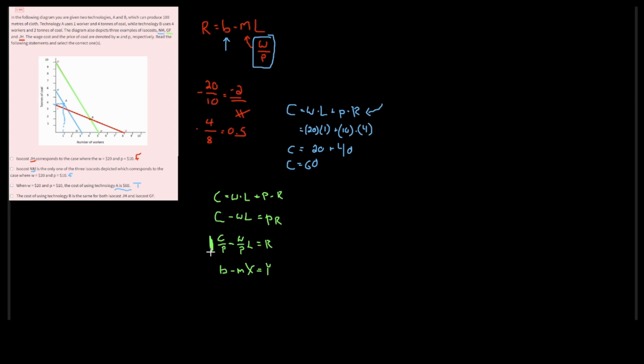So now here's the whole bit. The cost of using technology B is the same for both isocost JH. Which one was JH again? JH was our red one. So the same for both our red one as well as GF. What's GF? GF was our green one. Well, what we can see is that these guys must have different ratios of price and wage.